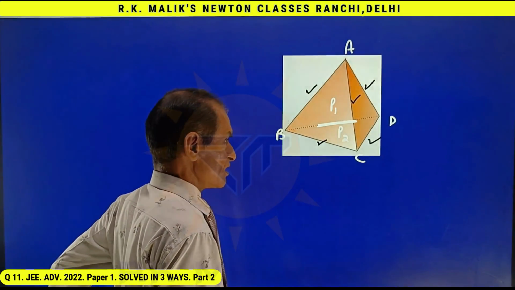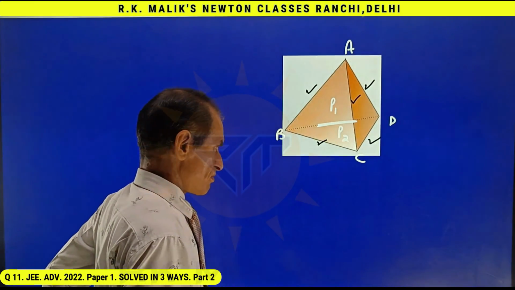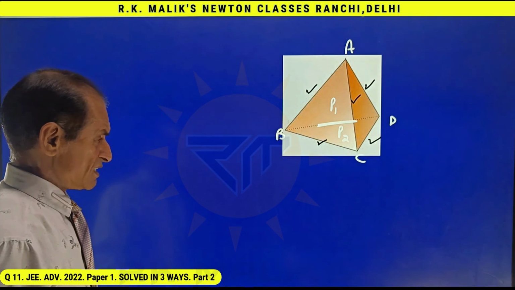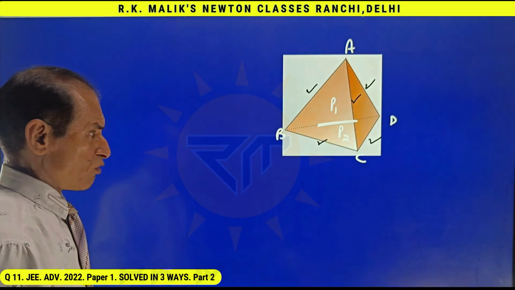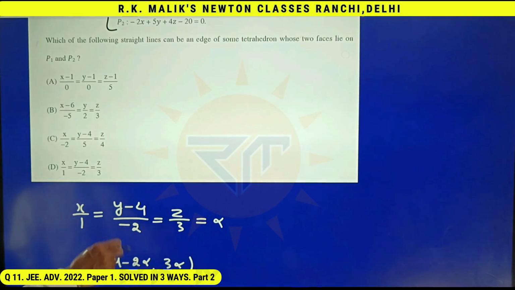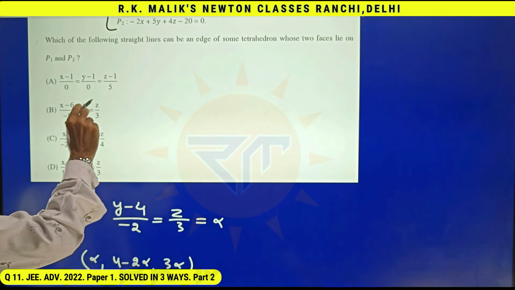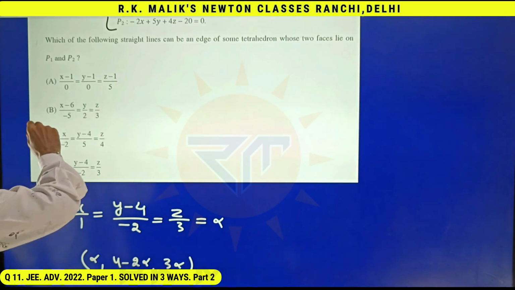That is, I can say the line is of the type BC or CD. That is, it can become an edge of the tetrahedron. Hence, I have concluded that the line can become an edge of the tetrahedron in the case of A, B and D.